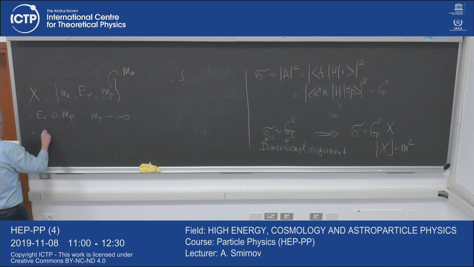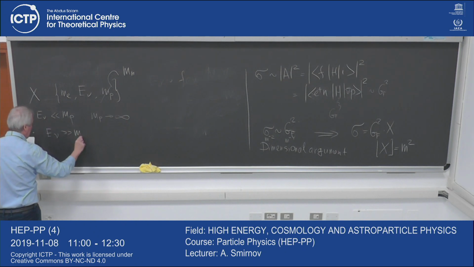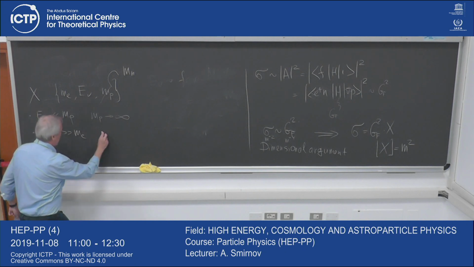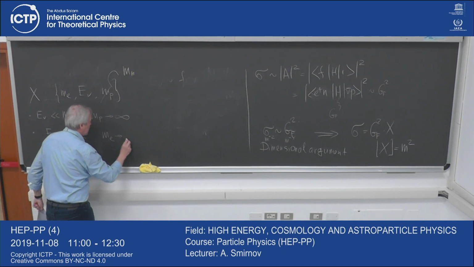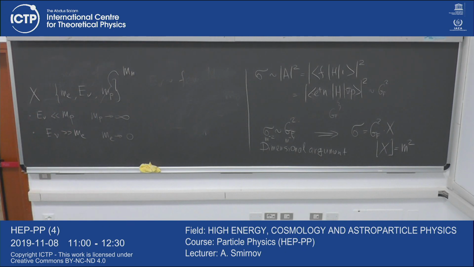Another point is that the energy of the neutrino is much bigger than the mass of the electron. And therefore I can neglect the mass of the electron, again in the first approximation. Then I can introduce corrections. And therefore the only parameter of dimension energy is the neutrino energy.